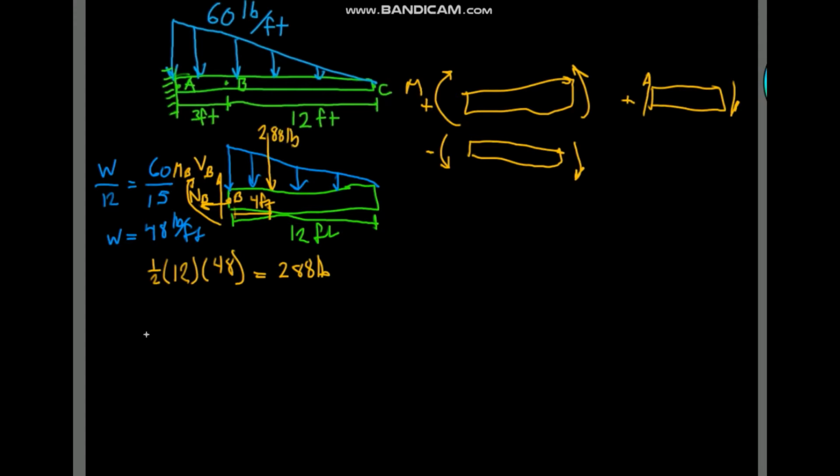So now we're ready to take the sum of the forces in the Y, the sum of the forces in the X, and the sum of the moments to get our internal loadings. You might be able to tell right away that this internal normal force is the only force acting in the X direction. So when we take the sum of the forces in the X equal to 0, with right being positive, we'll just get negative N_B equals 0. So that tells us that the internal normal force is equal to 0.